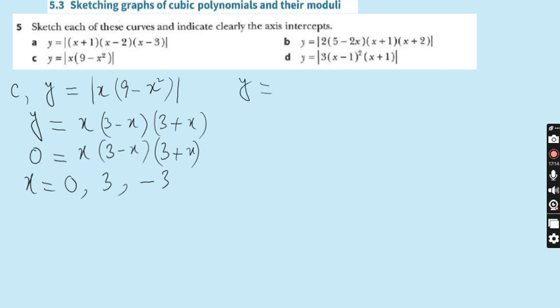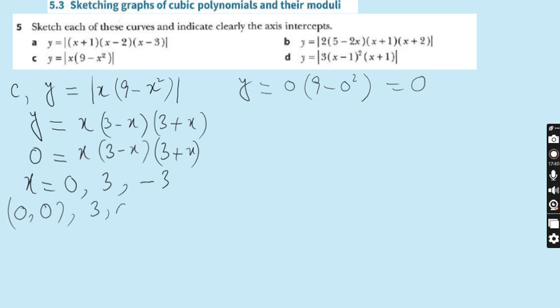Okay, now find the y-intercept. Put x equals 0. So 0 into 9 minus 0 square. Something multiplied by 0 is always 0. So our coordinates are, when x is 0, then y is 0.